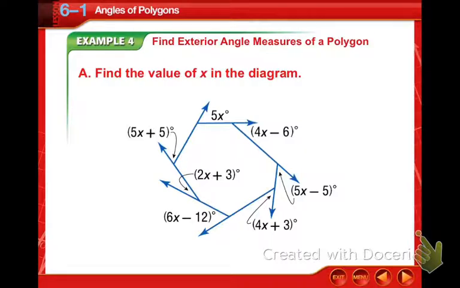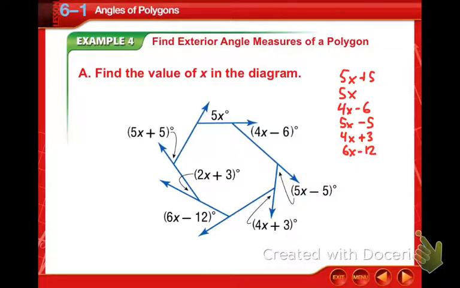So we have, starting with the top left there, we got 5x plus 5. 5x. So then we got the 4x minus 6. 5x minus 5. 4x plus 3. 6x minus 12.